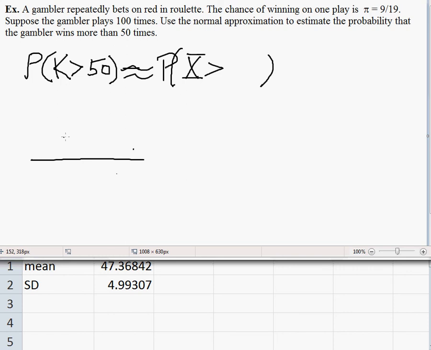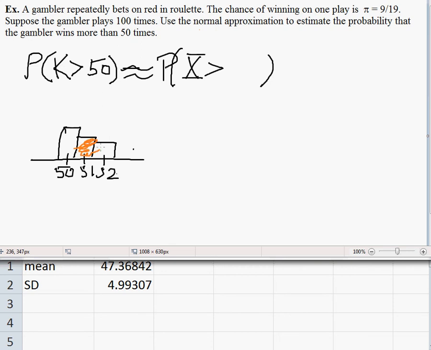Now, how do I figure out how to make this adjustment? Well, the easiest way is to just draw a quick picture to see which way the pattern should go. So here I pretend that this is the histogram for the binomial distribution, 50, 51, 52. And the area in question is going to be things that are bigger than 50.